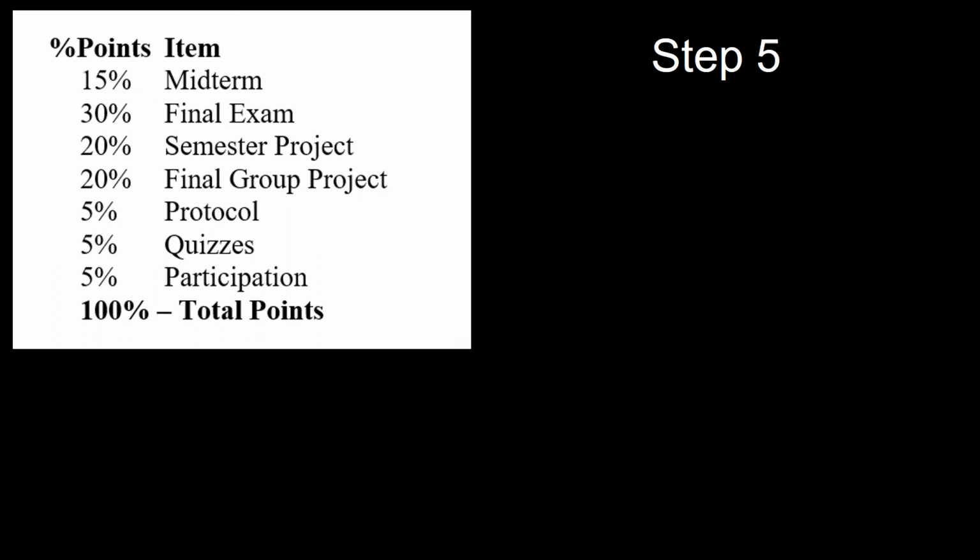So again, we have our points and items here on the left. Make sure that you are aware what the percentage points are and which assignments are associated with that. Right now, what we are doing again is the midterm and then the semester project, which are 15 and 20% respectively.